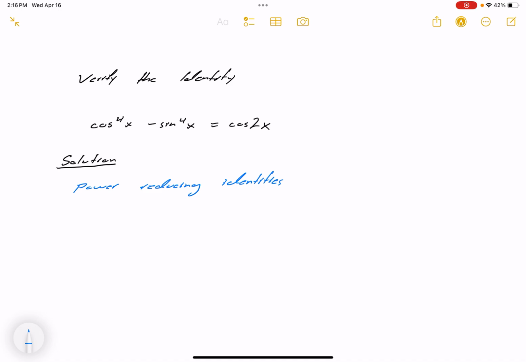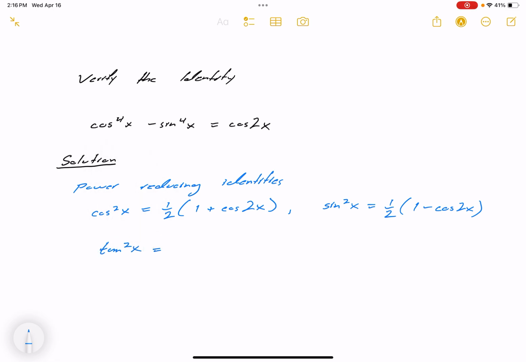For this specific example, cosine squared x is equal to 1/2 times 1 plus cosine 2x, and sine squared x is equal to 1/2 times 1 minus cosine 2x. We're not going to use this one, but this is just for you guys to know.